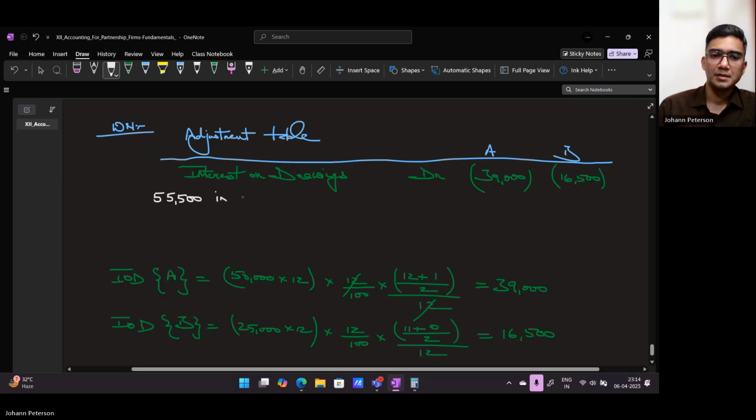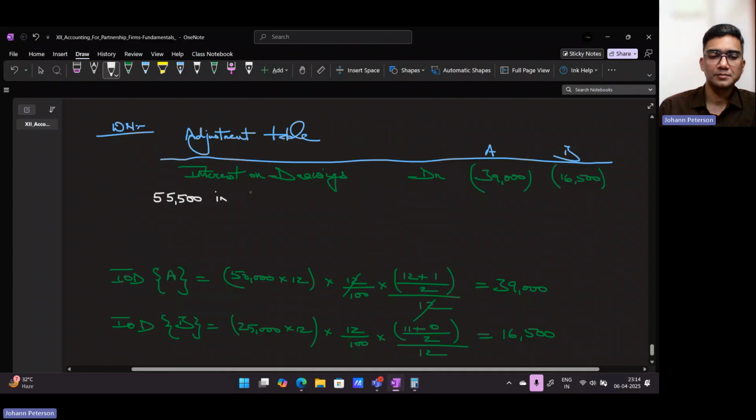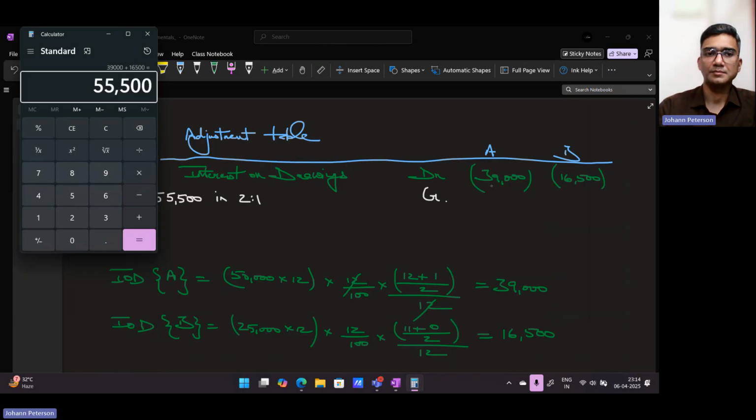In the ratio was 2:1. Since I'm giving this, so I will credit it this time. So 55,500 into 2 divided by 3, which is 37,000.